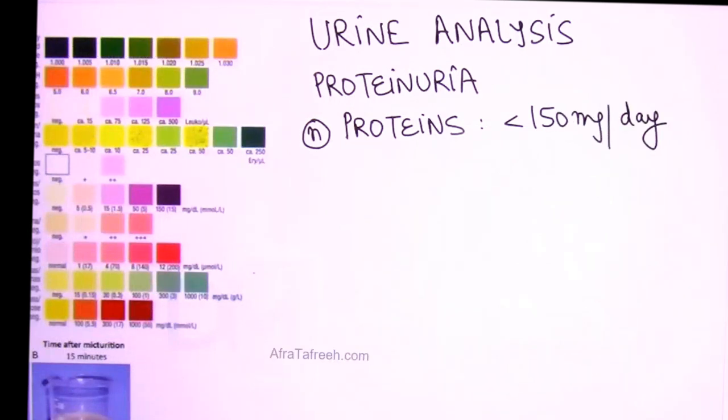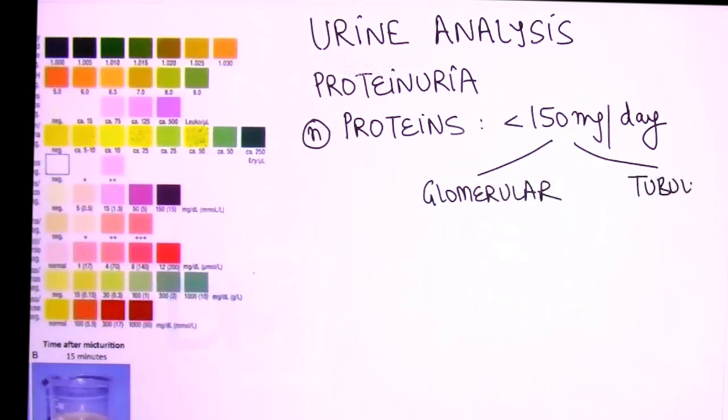Once you get that right, then you are familiar with the fact that most of this protein would be rather constituted by tubules, because some of the protein is filtered by the glomerulus and some of that is coming by the tubules per se. When it comes to the glomerular proteinuria, or the glomerular component of the protein, it is mainly albumin.